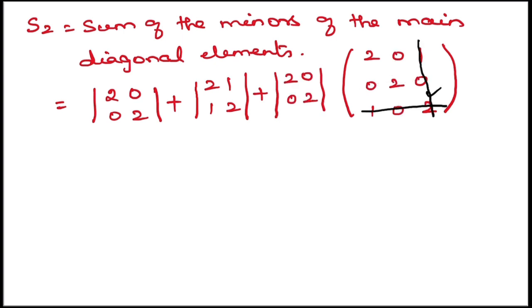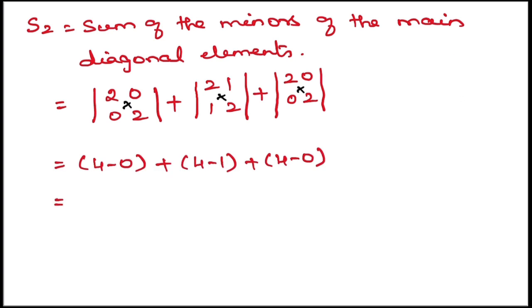And the third diagonal element, which is also 2. So, the last row and last column get cut. So, you get determinant of 2, 0, 0, 2. So, that is equal to 4 minus 0 plus 4 minus 1 plus 4 minus 0. So, that is equal to 4 plus 3 plus 4. So, that is equal to 11.